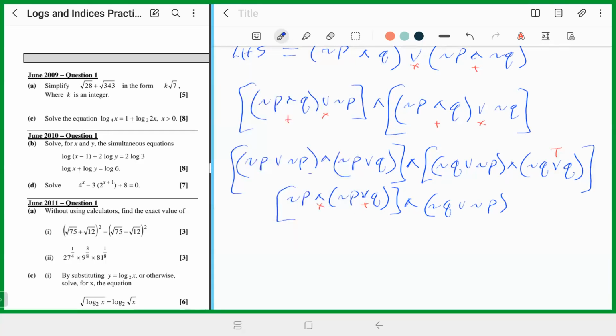We get not P and not P first, and then or not P and Q, not P and Q. I'm going to make it more complicated actually. Maybe there's an easier way to simplify, but let's see.